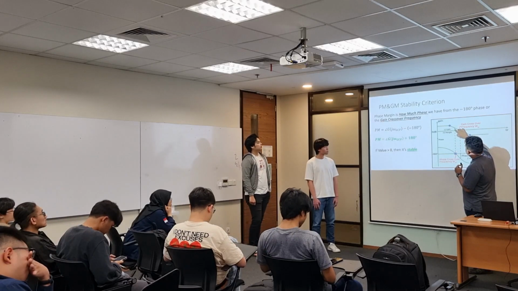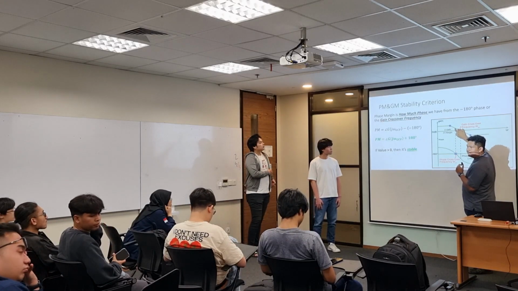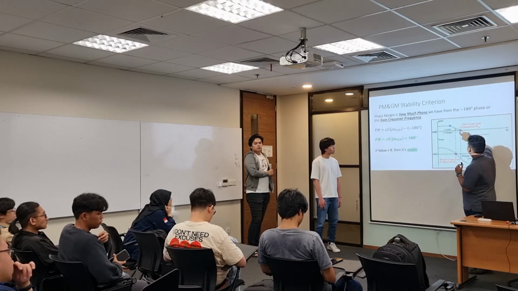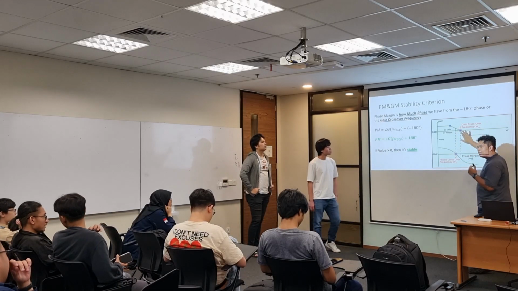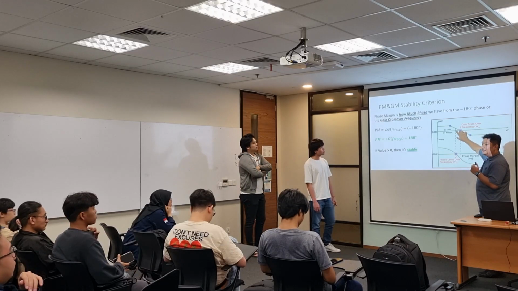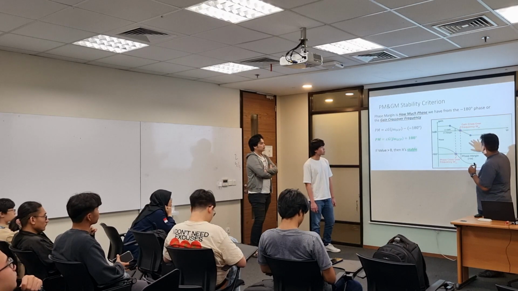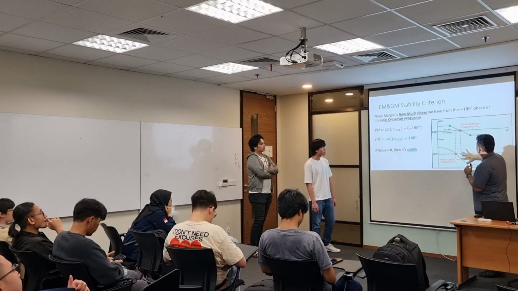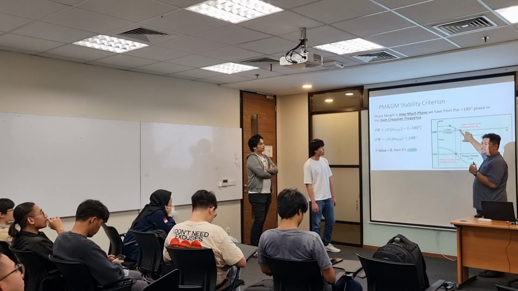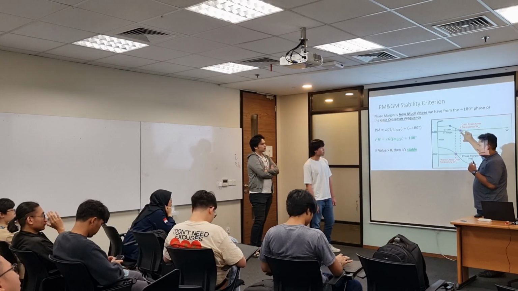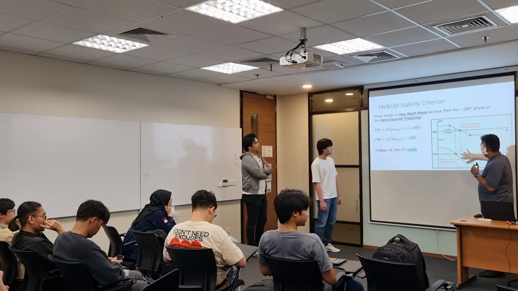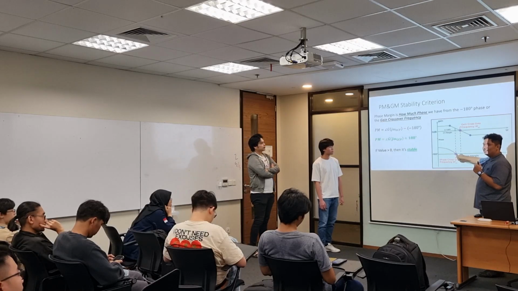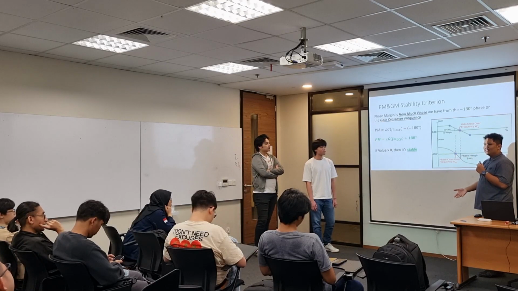Where is the gain margin? Sorry, the phase margin is where the magnitude crosses 0, right? And then we see how much phase we have from the 180 point. Do you get it?